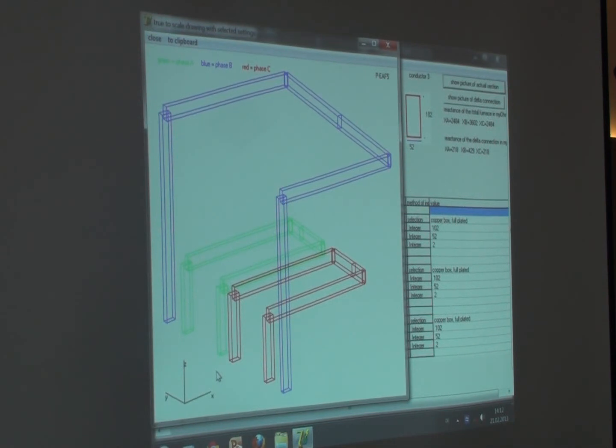Therefore in the transformer there is flowing in this winding a 20% higher current than calculated, and nobody can see that. You can only see that if you make a measurement in this short circuit winding.